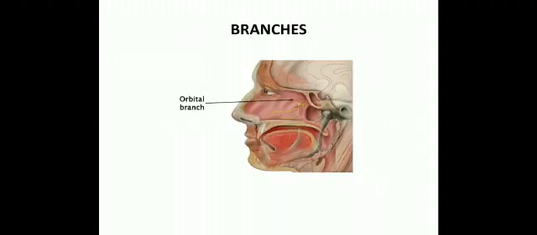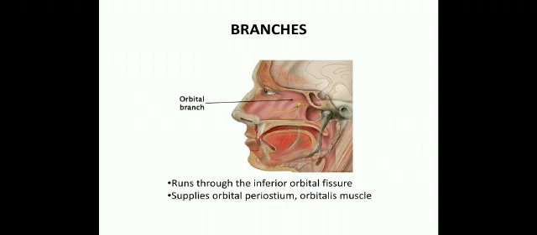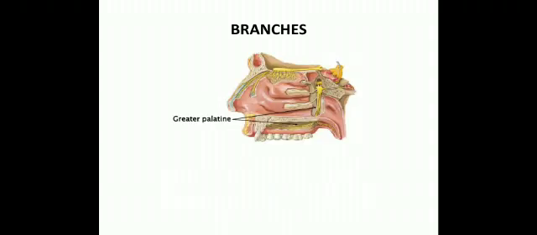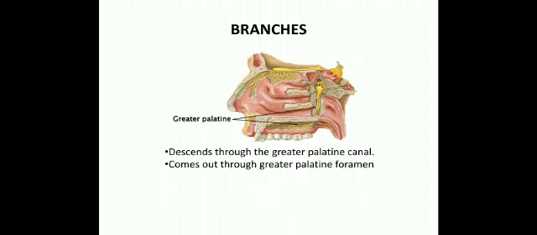The branches: the orbital branch runs through the inferior orbital fissure and supplies the orbital periosteum and orbitalis muscle. The greater palatine branch descends through the greater palatine canal and comes out through the greater palatine foramen.